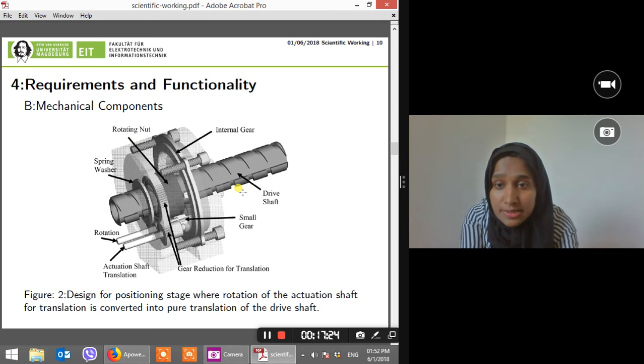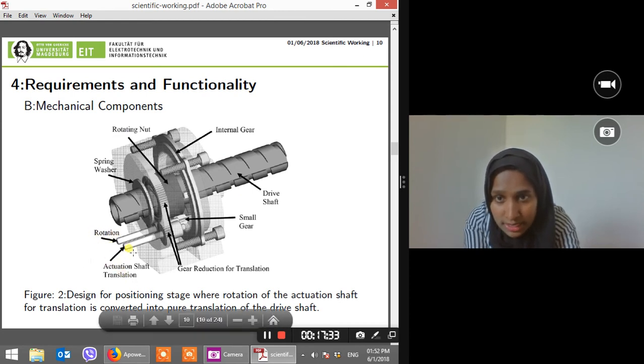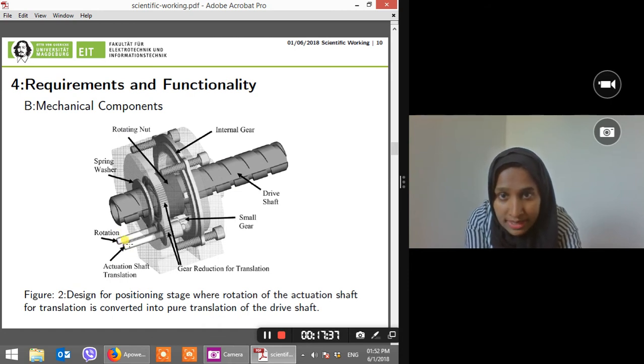Okay, so this is basically about the mechanical components and the positioning stage, in which we have the rotation and the actuation shaft. These two shafts rotate. When they rotate, they help the internal gear and the rotating nut to rotate. These two rotate the rotating nut, which rotates the internal gear.